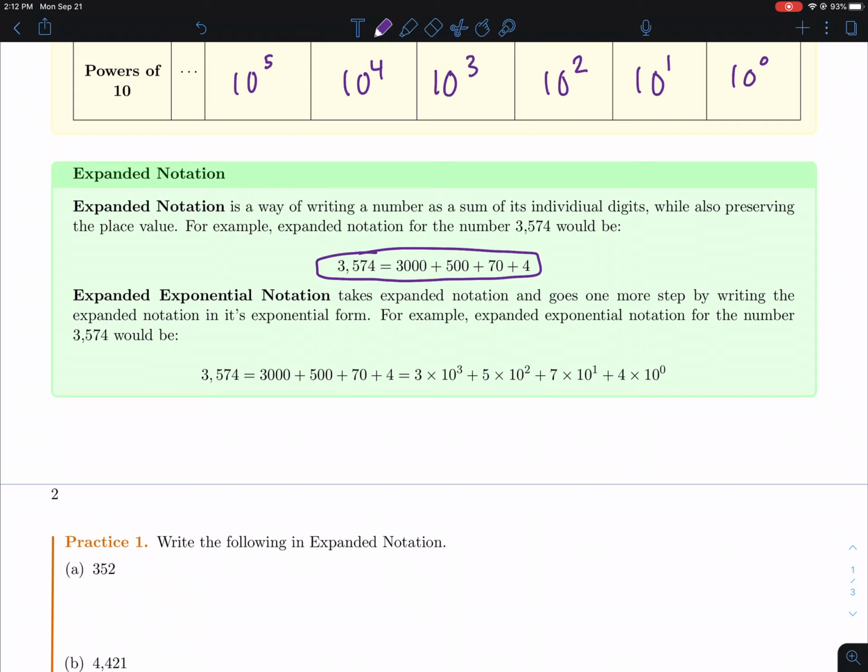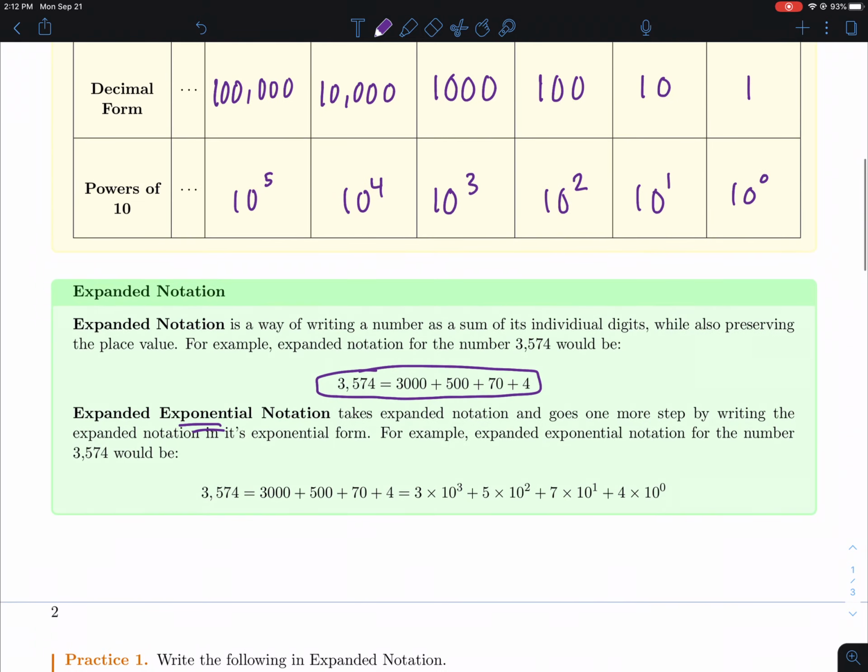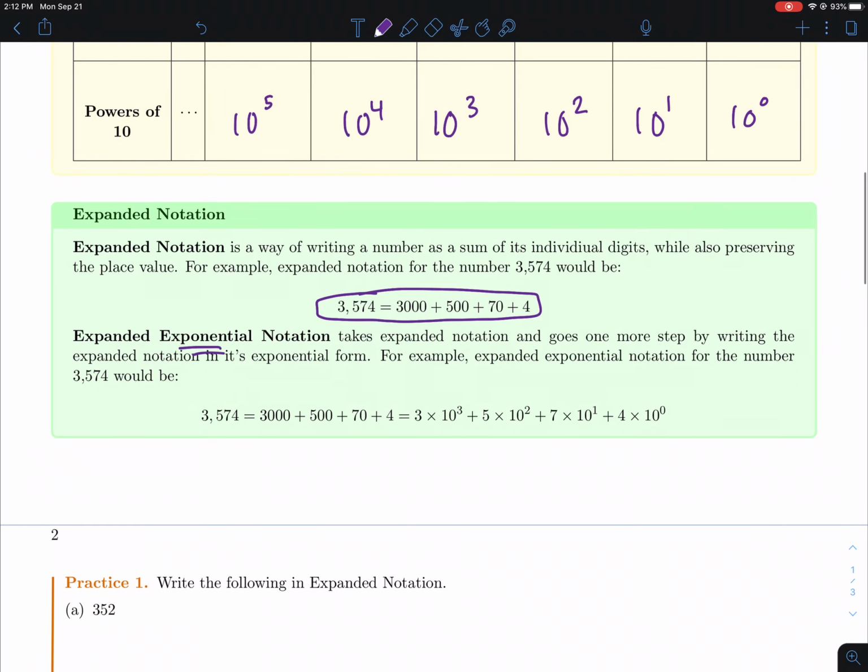But if we go a little bit further, we can write this in what's called exponential notation, where we replace the 3,000 by 3 times 10 to the third, so that we represent it by its powers of 10 form. This is what the same number would look like in expanded exponential notation form.